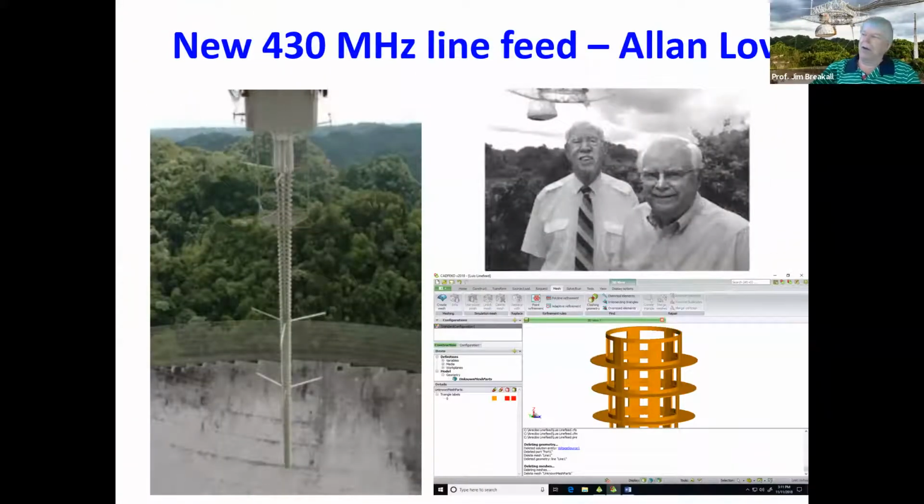And you may recall that I showed that waveguide. That was a square waveguide that had all those holes in it. Well, that worked okay, but it wasn't very efficient. It only had about 25% efficiency, which means that 25% of the energy was lost and it wasn't going to the dish. And so this very ingenious person, pioneer in reflector antennas, Alan Love, came up with a new line feed.